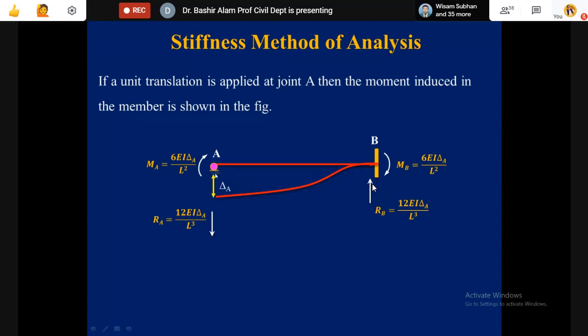Now this was the original position and it is settling down to this position. So what will happen? It will try to go back to its position. And that is possible when it applies a moment in the clockwise direction. It is going in this direction, clockwise.